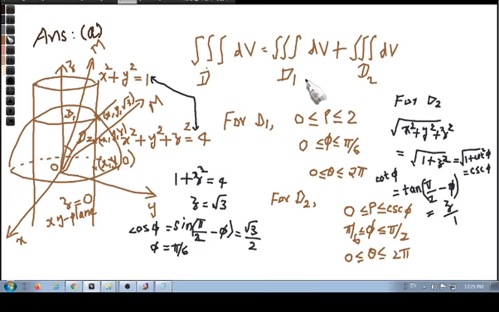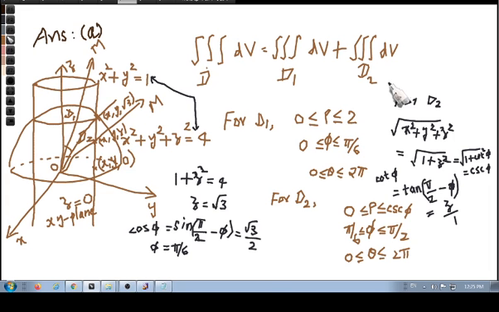So the triple integral over D1 dV is equal to integral theta varies from 0 to 2 pi, integral phi varies from 0 to pi by 6, integral rho varies from 0 to 2, rho square sine phi d rho d phi d theta, plus, substitute for this thing.